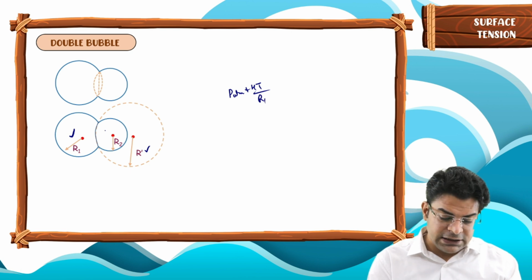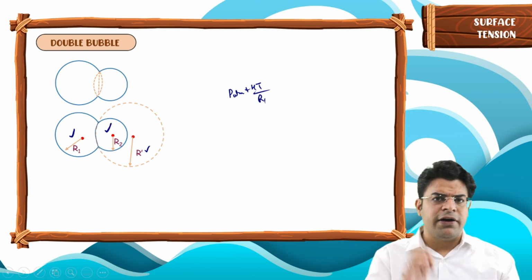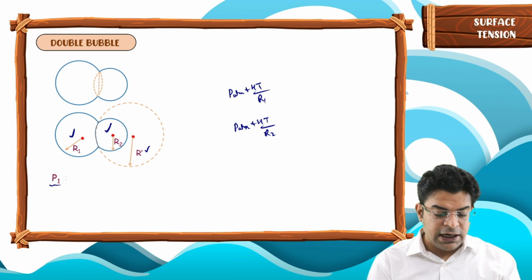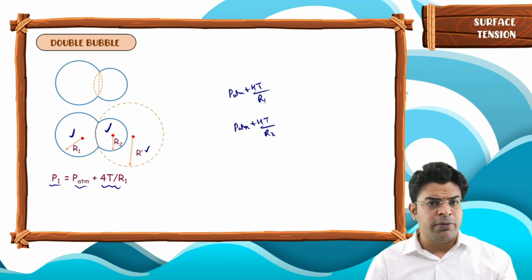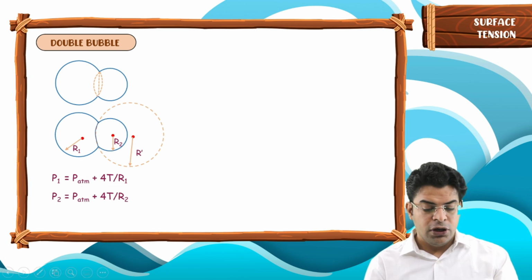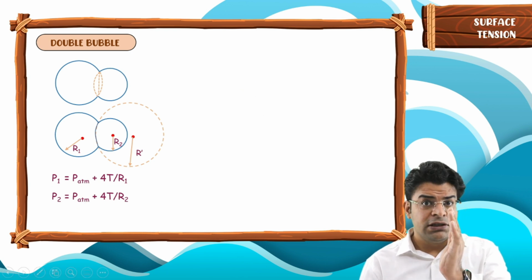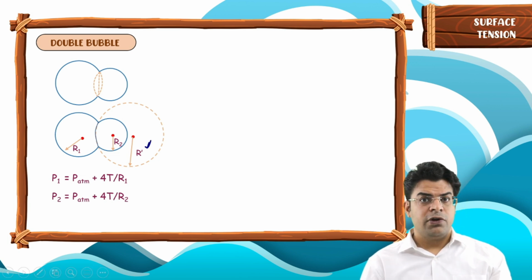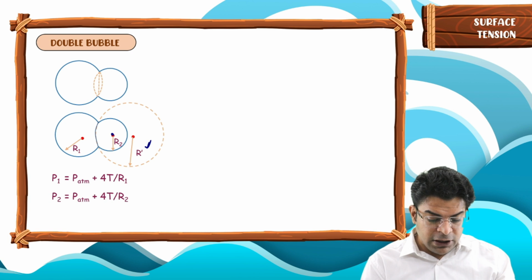The pressure inside the second bubble of smaller radius r2 will be P atm plus 4T by r2. Now the interface separating these two bubbles has a radius r dash. Inside the smaller bubble the pressure is P2.